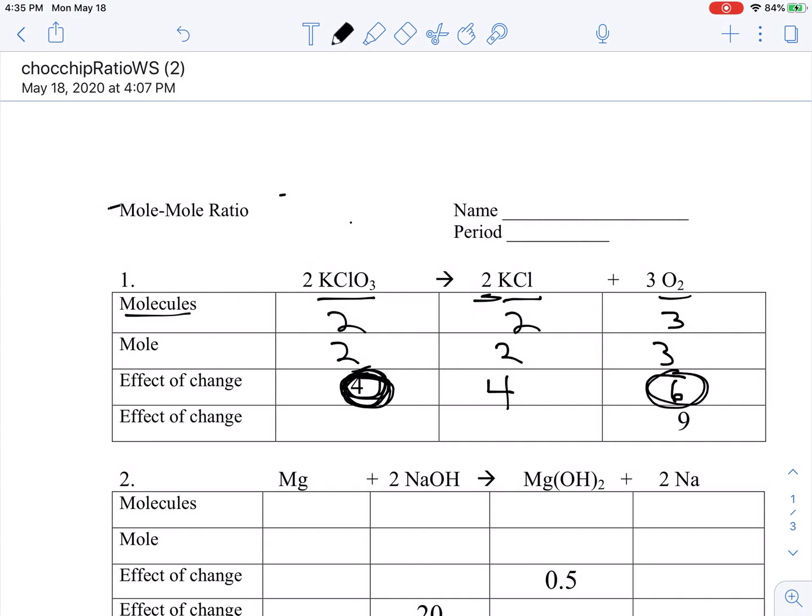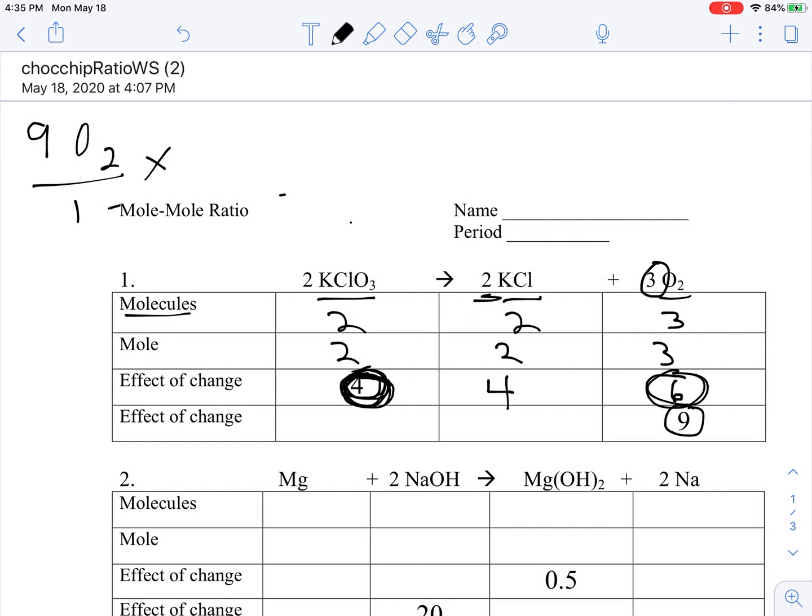If the oxygen coefficient changed from 3 to 9, we start off with 9 oxygen. How many potassium chloride would we have?